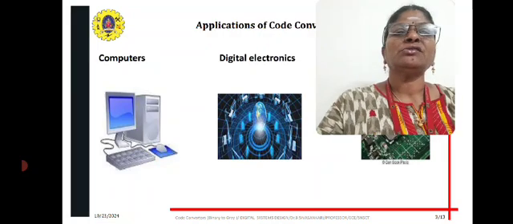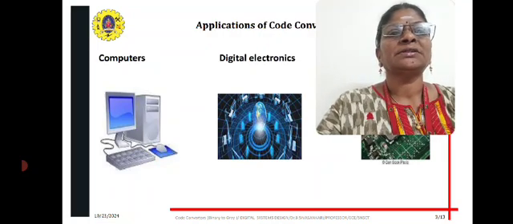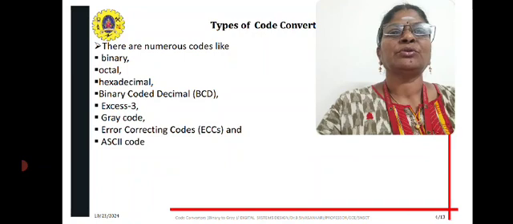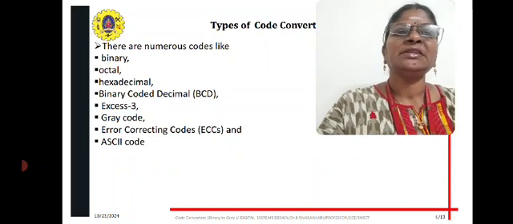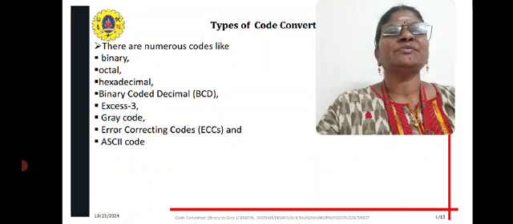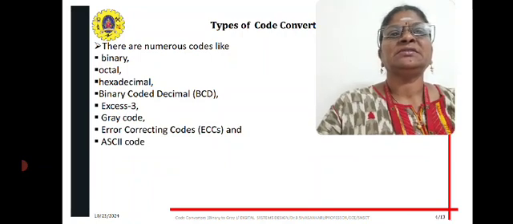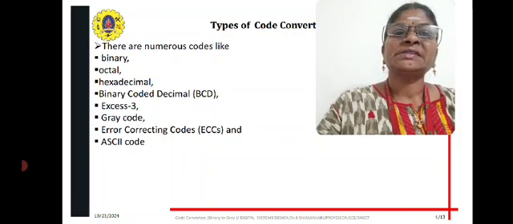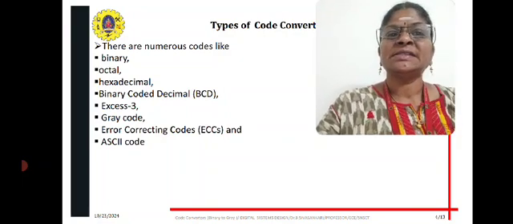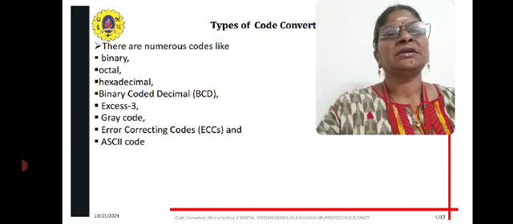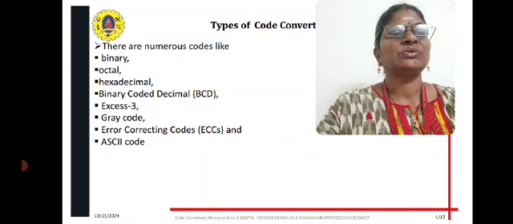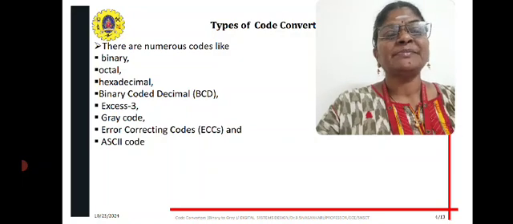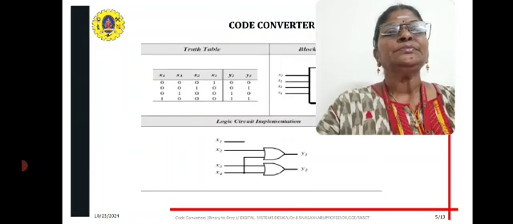The applications of code converters are in computers, digital electronics, VLSI devices, and many other devices. There are numerous codes like binary, octal, hexadecimal, BCD which is binary coded decimal, XS3, gray, error correcting codes, and ASCII codes. These are the different types of code converters.